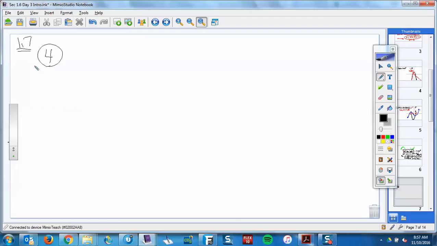Okay? So 4 says, suppose that the function j prime has a local max at 2.